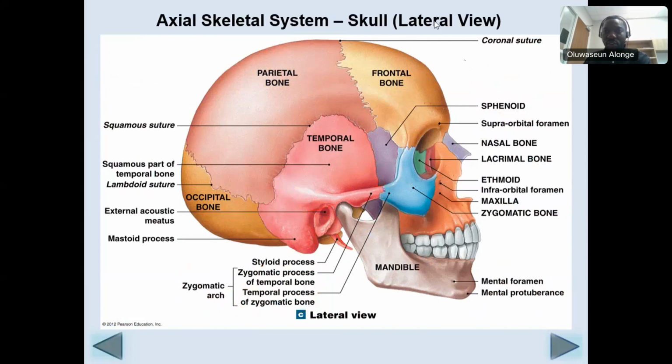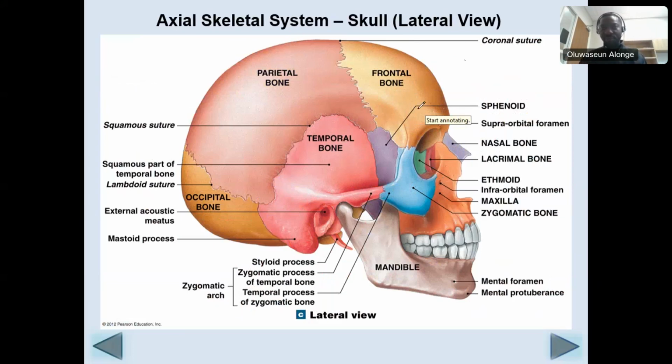Another thing I want to show you before I leave this slide is the sutures. Now, if you look at this, you will see that the bones of the skull, or the bones of the cranium, are all connected together, right? And it appears as though it's just one bone, even though they are different bones.